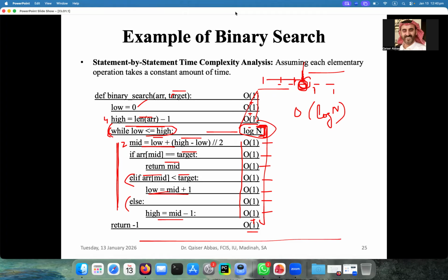When a statement or block is reducing your problem into half, then you can represent the complexity of that block with log of n.